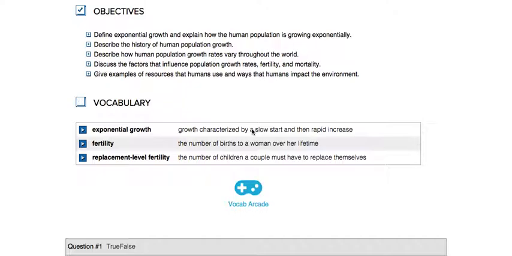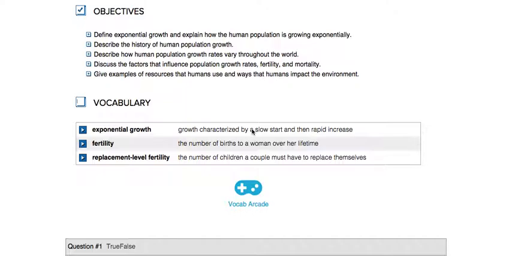Although we have been able to inhabit the planet for several million years, what we have seen is that the most rapid population growth has come in really the last few centuries. We know from our studies previously that population growth is directly linked to our natural resource use, and that the resources that we have in an environment determine the size of the population that it can support, and it just makes sense.